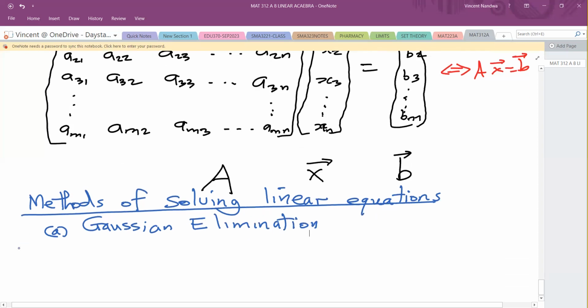Number two is what we call Gauss-Jordan elimination.